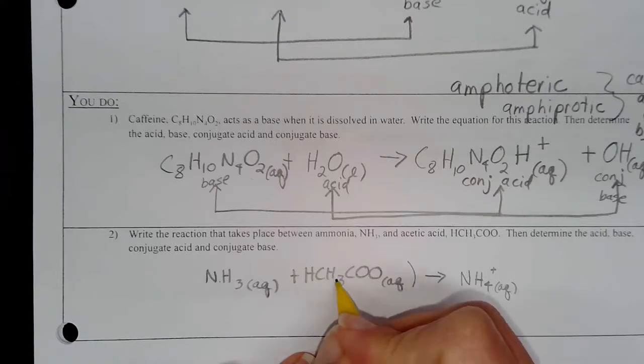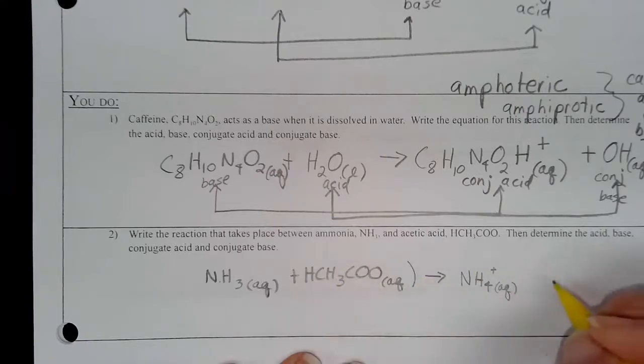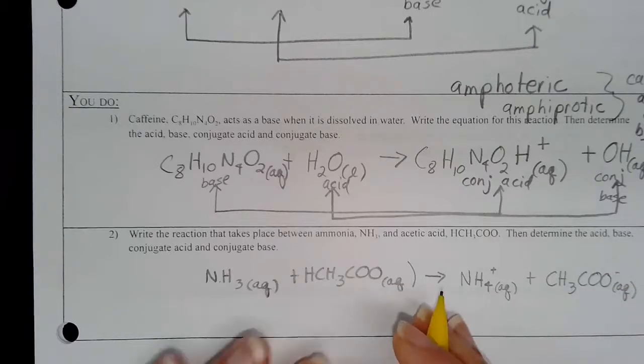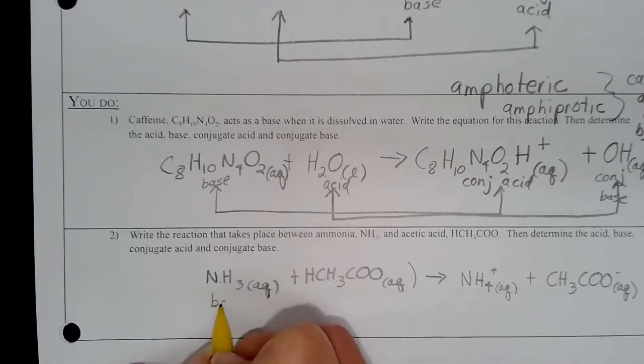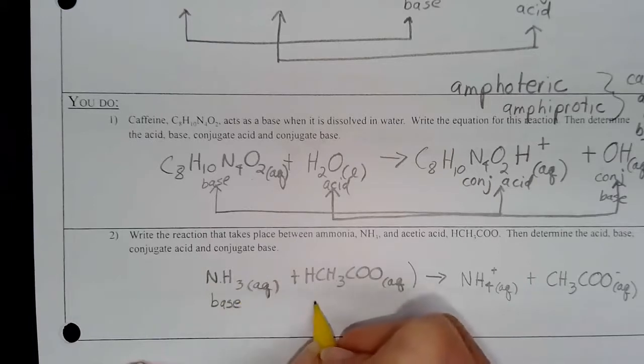And the acetic acid is going to lose that proton and become the acetate ion, CH3COO-, and that's still going to be aqueous. So this behaved as a base, this behaved as an acid.